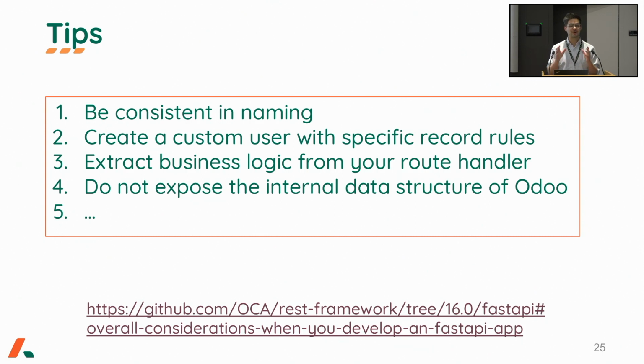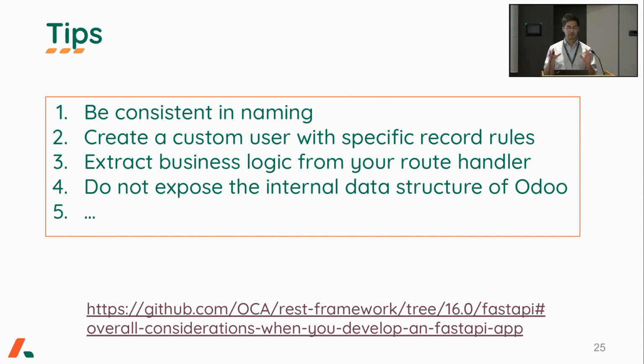So the user of your API should have the minimum rights. That's it. Then the third tip will be to extract business logic from your routes and the definition of your routes as much as possible for, well, clarity reasons, but also later on, if you want to extend your module, it will be easier.